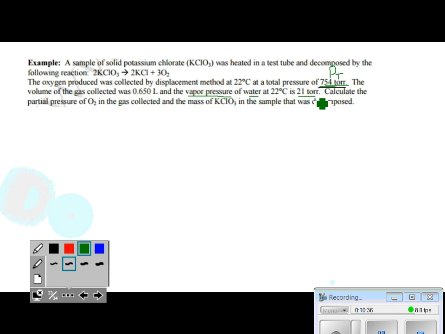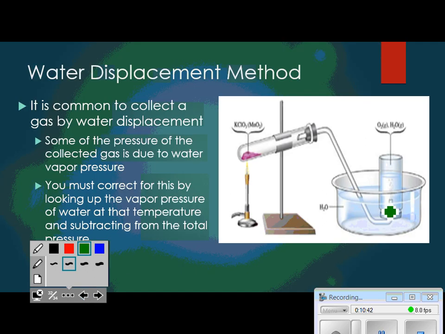So I'm given two pressures. So what this means is that, let's scooch back here, the total pressure of the gas in this part of the container was 754 torr.